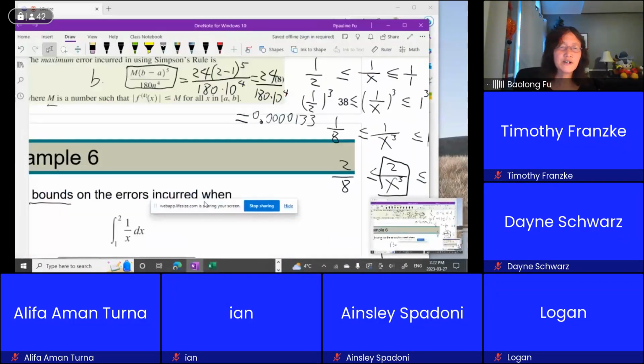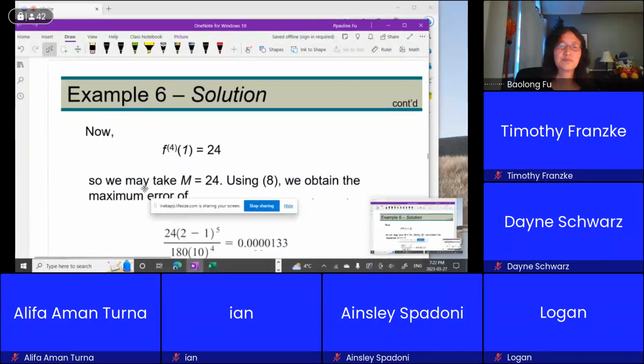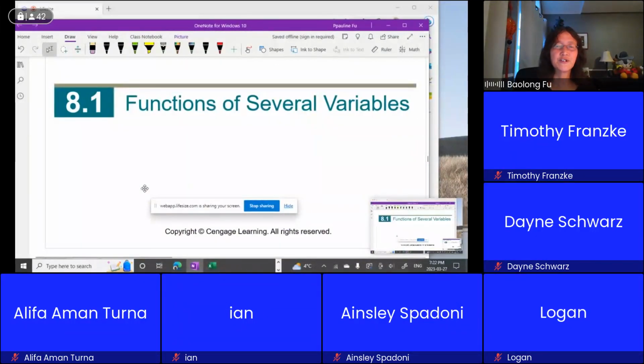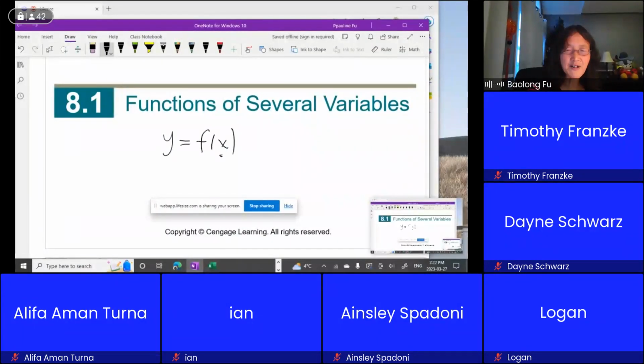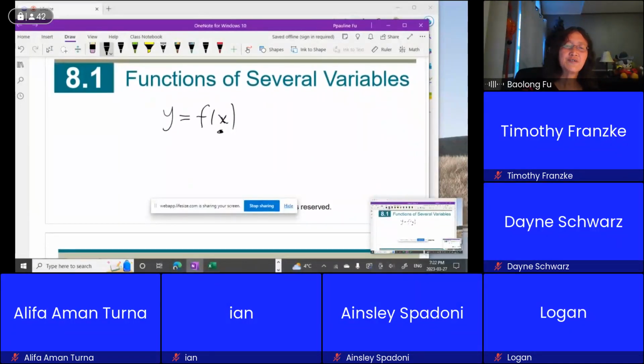Now we move to chapter 8. Chapter 8, functions of several variables. So far, we have y equal to f(x), just one variable x. If you have another variable, x and y, we are going to use z equal to f(x,y).